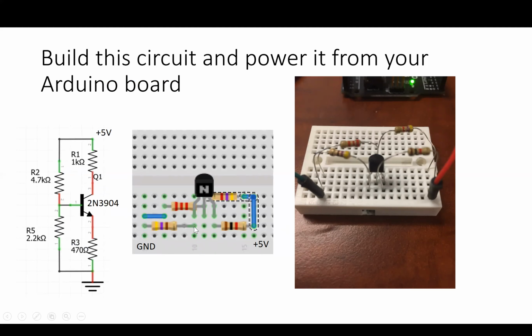So here's 470 ohms from emitter to ground. Now we've done something rather special with the base. We put a voltage divider between the plus 5 volts rail and ground, consisting of a 4.7 kilo ohm resistor here and a 2.2 kilo ohm resistor here, and that now sets a voltage at this point.